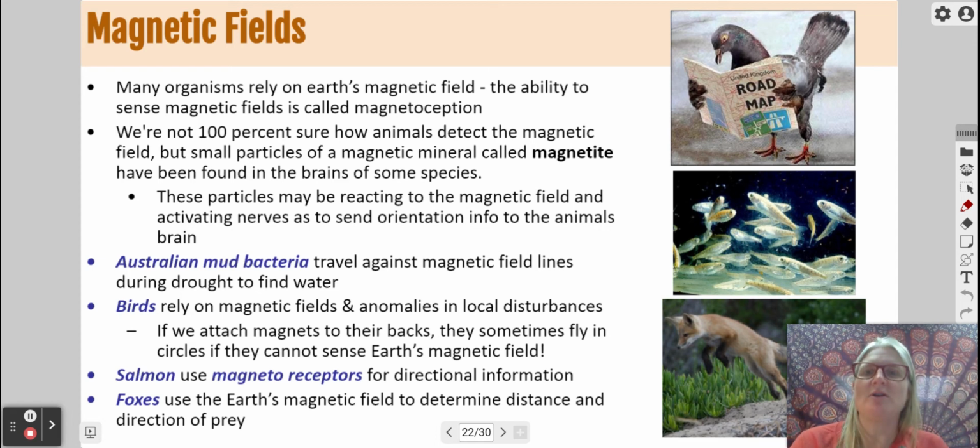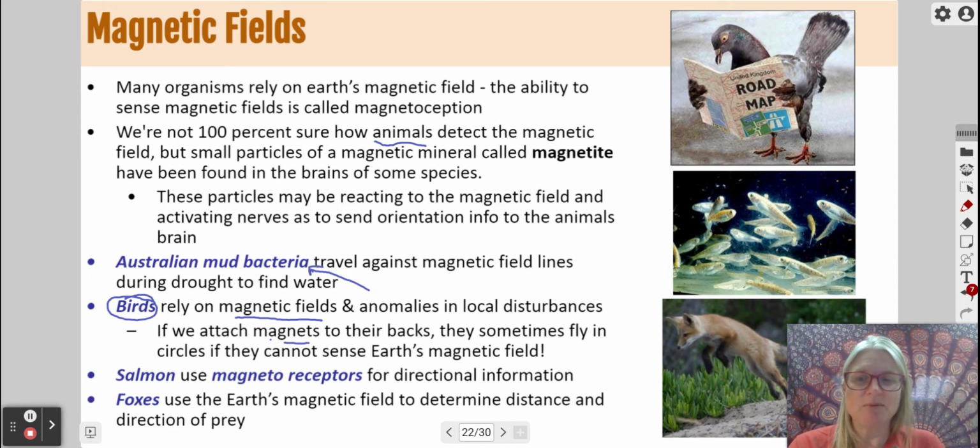It's kind of cool how animals might use magnetic fields, like birds. We all know birds migrate, so they actually do rely on magnetic fields. They've done some experiments where they attached magnets on the backs of birds, and they sometimes fly in a circle, because they can't sense the Earth's magnetic field with this magnetic field on their back, which is quite interesting. This other one too: Australian mud bacteria travel against magnetic fields during droughts to find water.